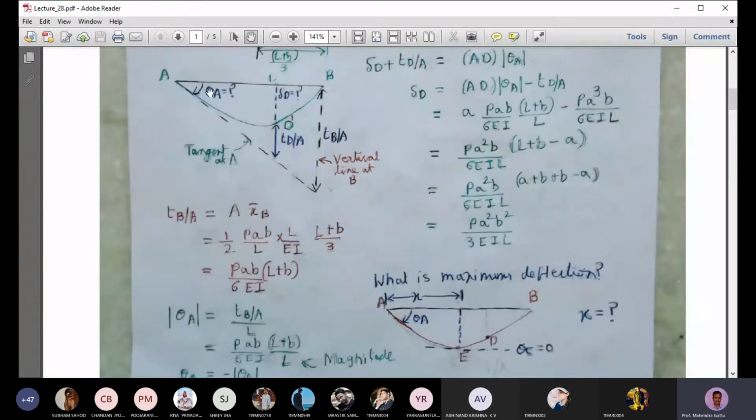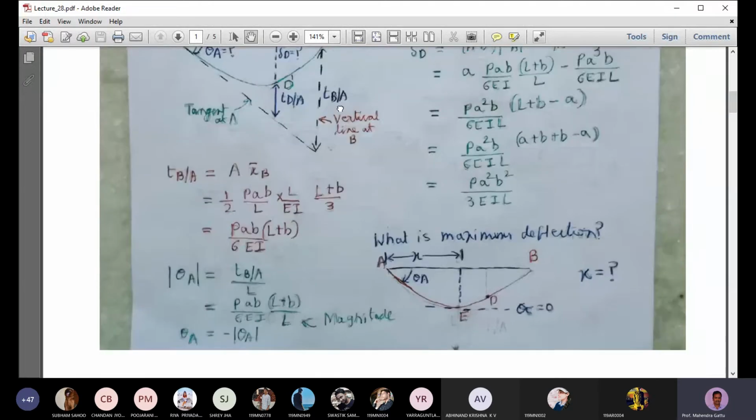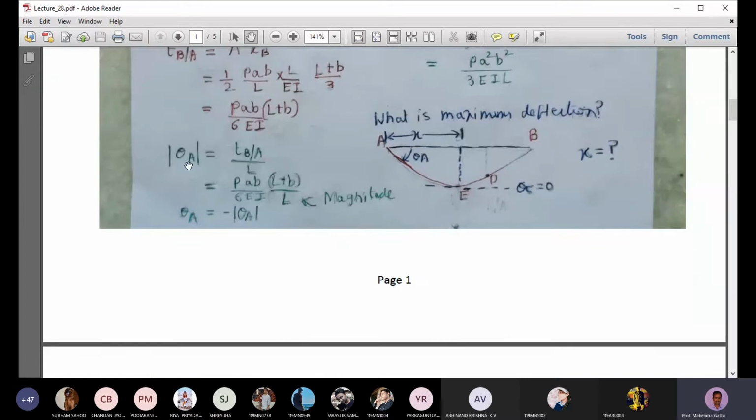So we can take tan theta A equal to B G by A B, and since theta A is very small, tan theta A will be equal to theta A. So theta A will be B G by A B. That means T B by A divided by the length. So theta A is T B by A by L. We take this quantity and divide by L, so we get P A B by 6 E I into L plus B by L.